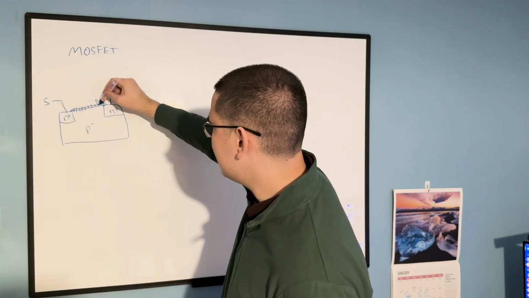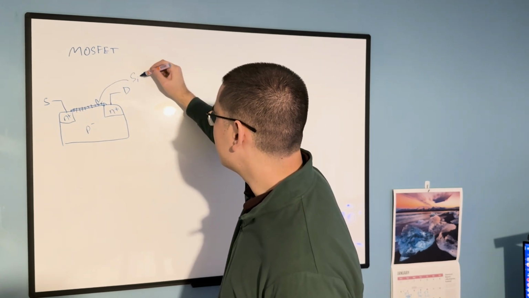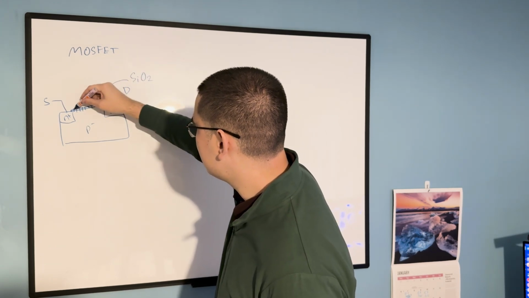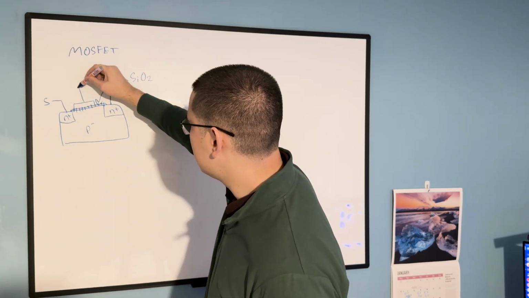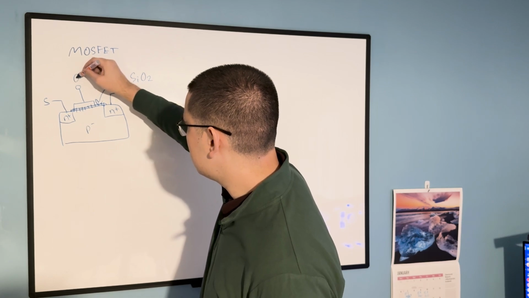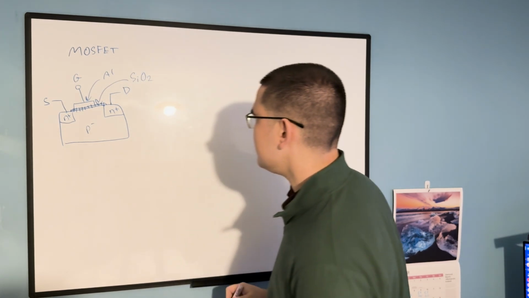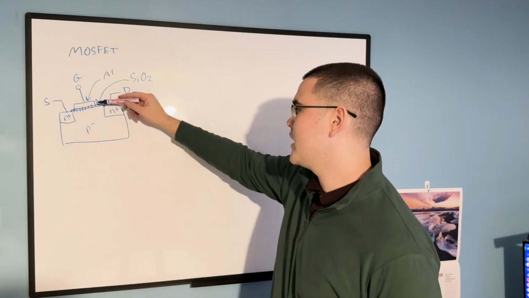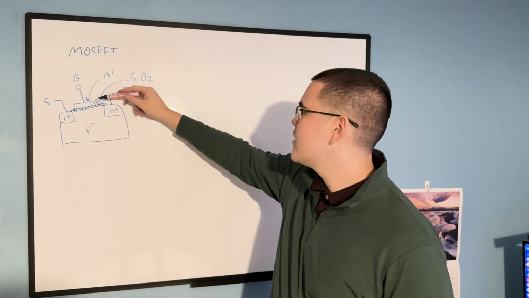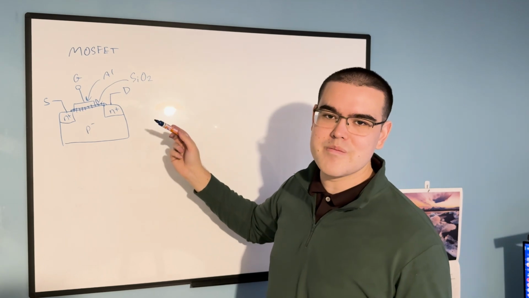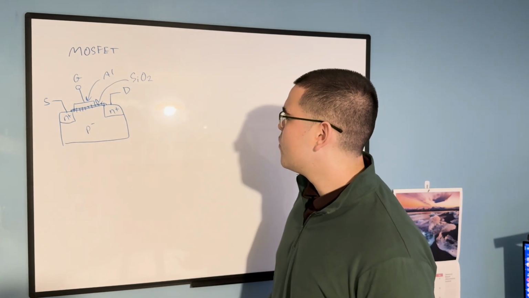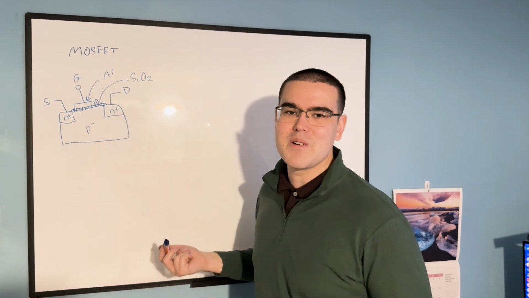This is the oxide layer, for example, silicon dioxide. Okay, so here's the metal contact as well for the gate, for example, aluminium. So you can see a bit more clearly now how it gets its name.